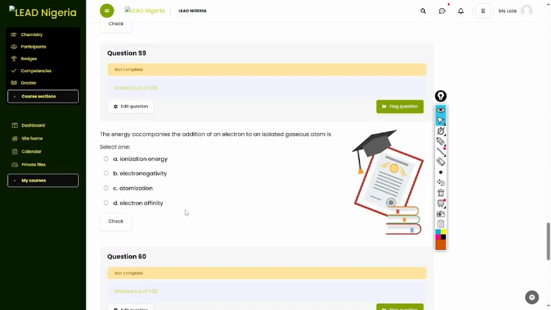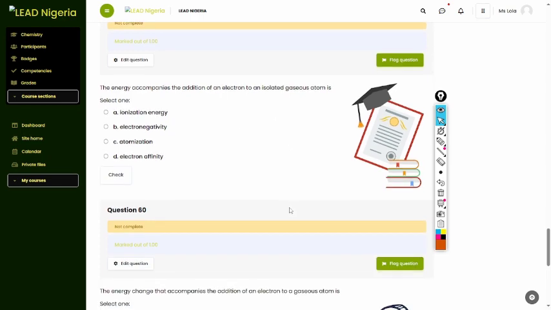The energy that accompanies the addition of an electron to an isolated gaseous atom is, okay, so the energy that accompanies the addition of an electron, meaning when an electron is gained by an atom, the energy that accompanies that is called the electron affinity.